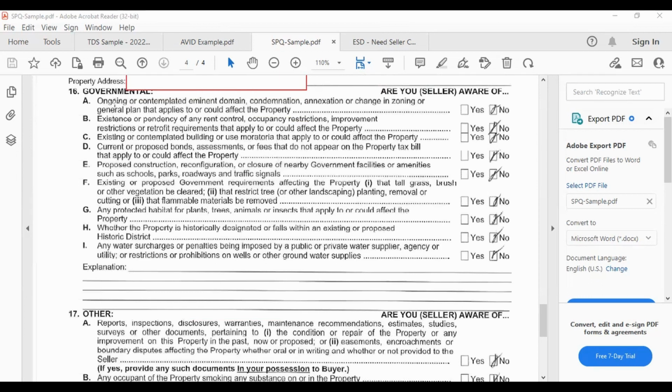It asked about any governmental issues, ongoing or contemplated eminent domain. These are things, once again, that buyers should look into with the city and ask these questions and find these things out. If you don't know what eminent domain is, let's say someone owns a home by a freeway. And over time, that freeway is so congested, such an issue, that the city comes in and says, well, we need to expand this freeway.